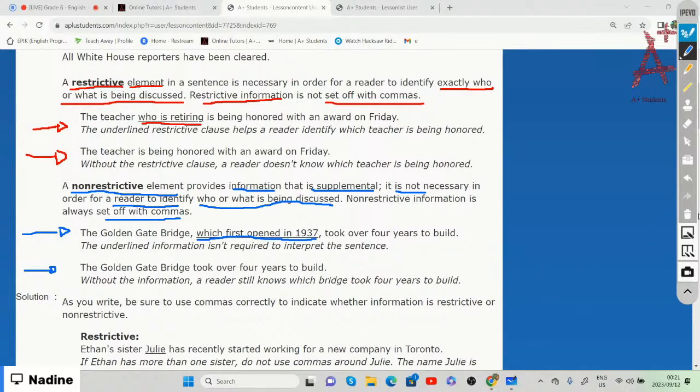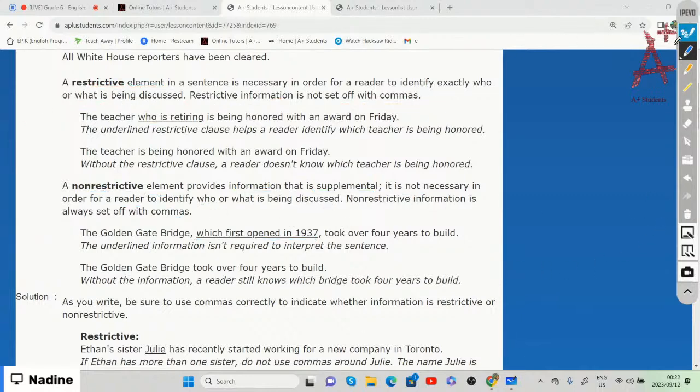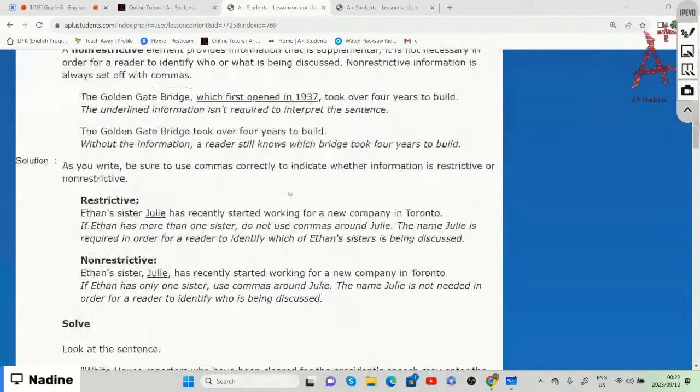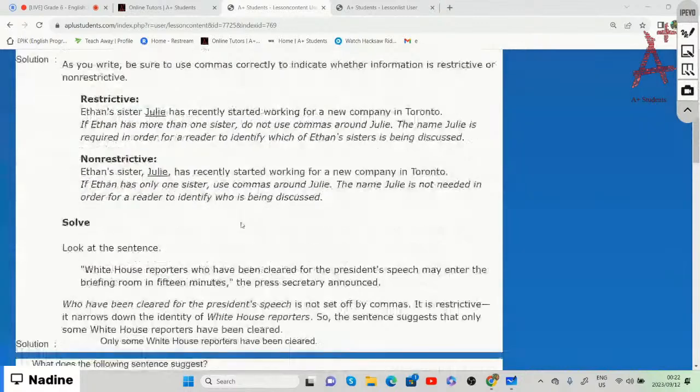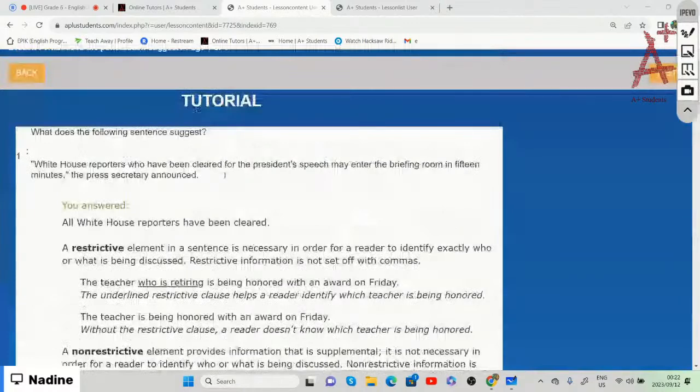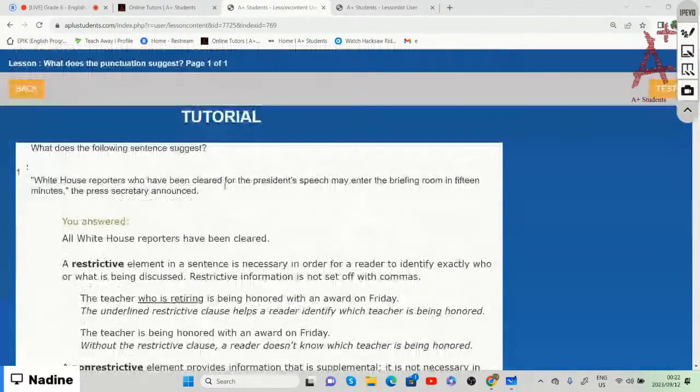All right. So now we're going to go on to some sentences where we are going to identify if it is a restrictive element or a non-restrictive element. And we need to say, what does the punctuation suggest? So what does the following sentence suggest?